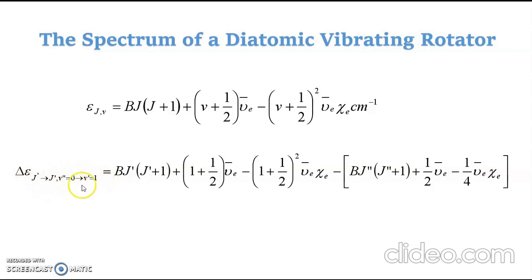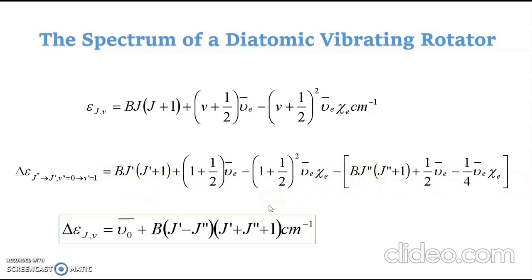And here we are considering only a room temperature transition, that is from 0 to 1, and the difference in energy, which is in the upper state, J prime, minus lower state, E2 or E1 minus E0.